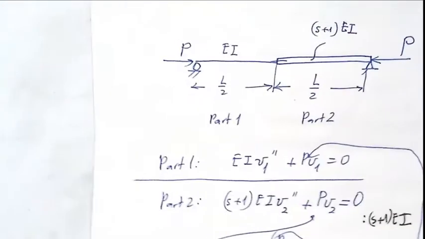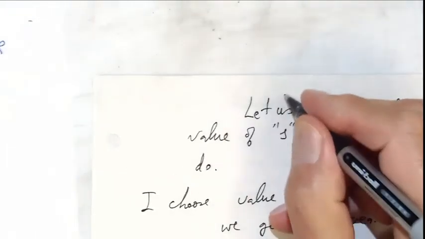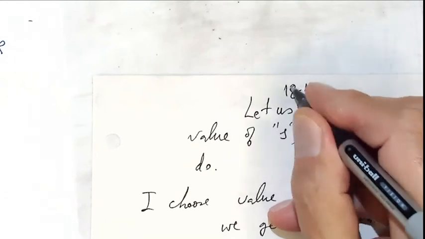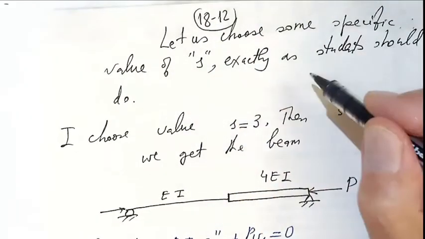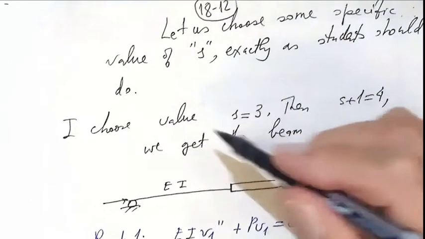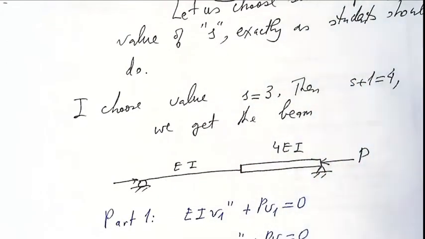Okay, so that is 18.12. Let us choose some specific value of S, exactly as students should do. I chose the value S equals 3. Why did I choose it?